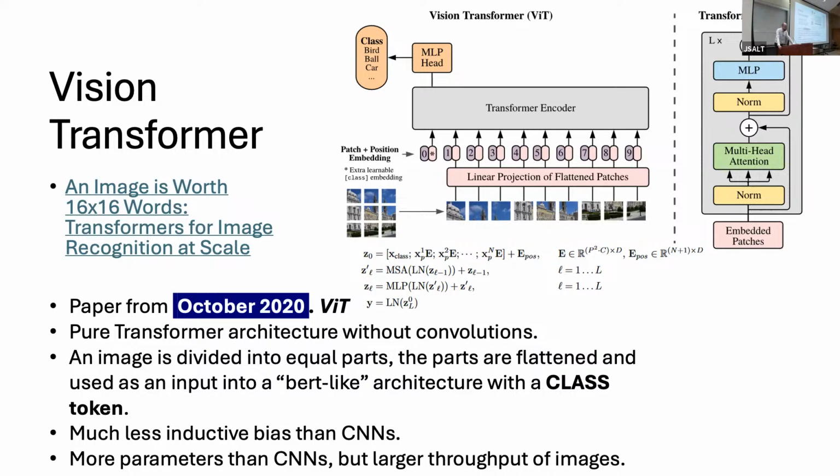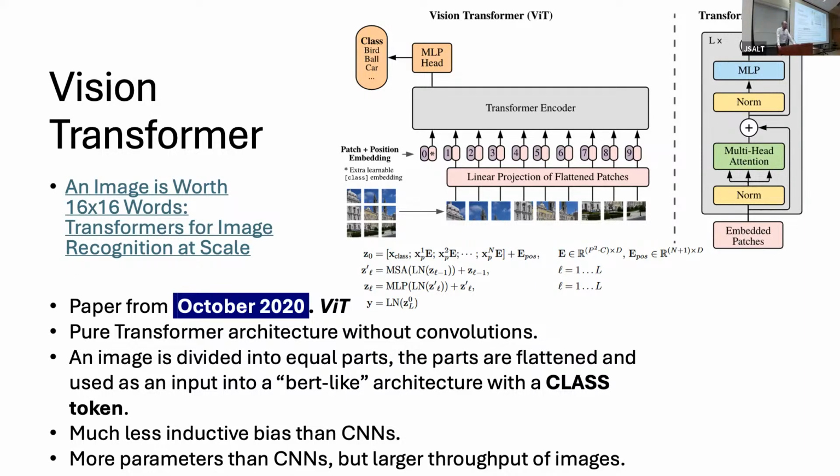The idea is simple: these patches will serve as our words, and we put them into a linear projection layer, which is like an embedding, because an embedding is nothing more than a fully connected network. But in this case, we do not use one-hot sparse representations; we have dense representations.